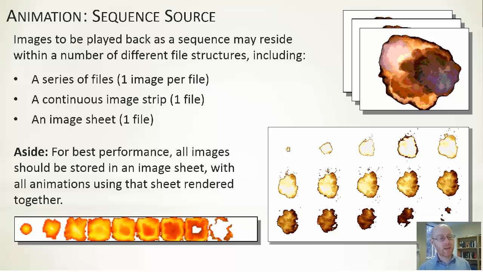A little aside shown here: for best performance, all images should be stored on an image sheet with all animations using that sheet rendered together. And this comes into how graphics cards like to work. Generally, if you have one large image with all of the information together and you're drawing all of the objects that use that animation, it means that you only have to have one image available up on the graphics card, and then you're just drawing out different regions from it.